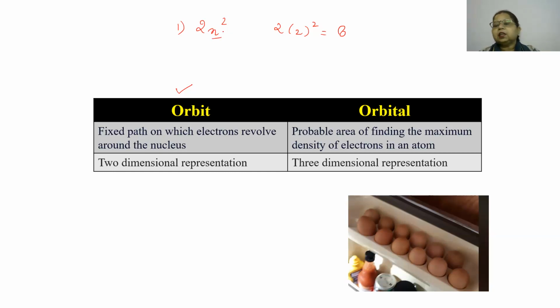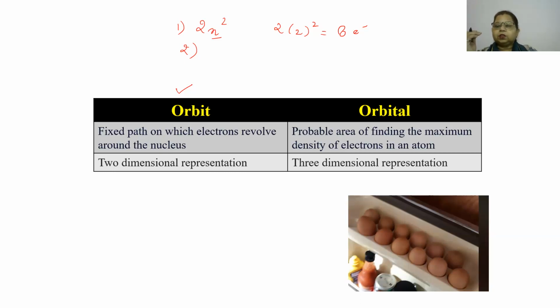For example, the second shell will have a maximum of 8 electrons. There was another part, that the maximum number of electrons in the outermost shell cannot be more than 8, right? So that was done in the previous classes, talking about how electrons are filled in different orbits.